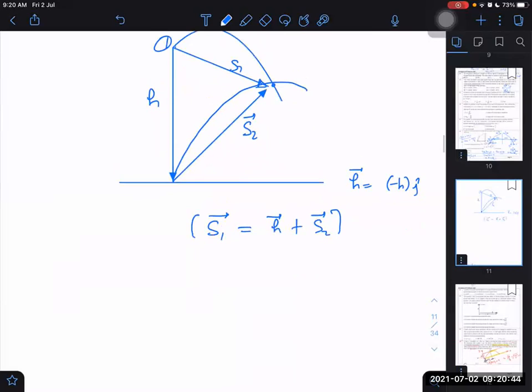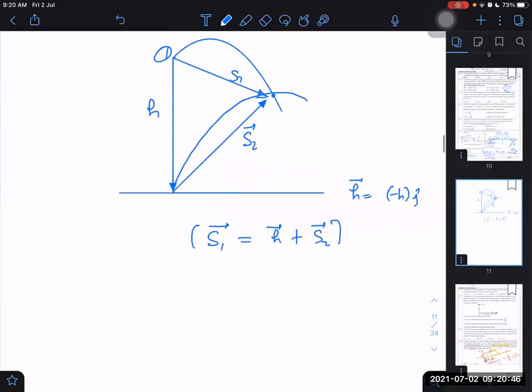What is S1? I don't know S1's vertical component, but along horizontal, at least I know what it is. That is L only. So S1 is S1Y, which is unknown, plus L i cap. S1Y could be along plus j cap or minus j cap; we don't know, so I will treat it like a vector only.